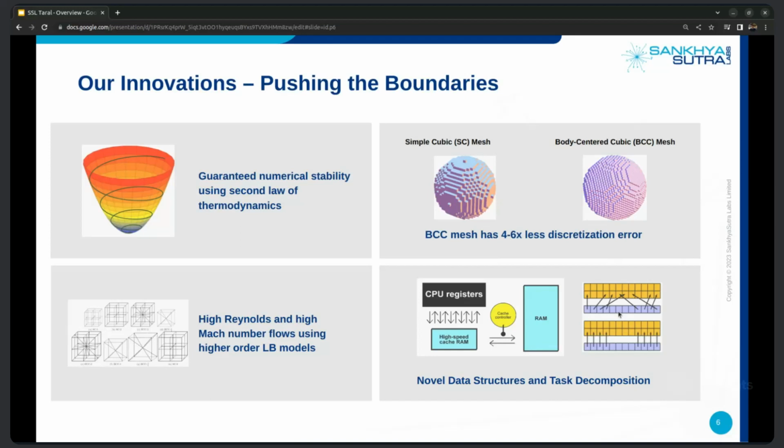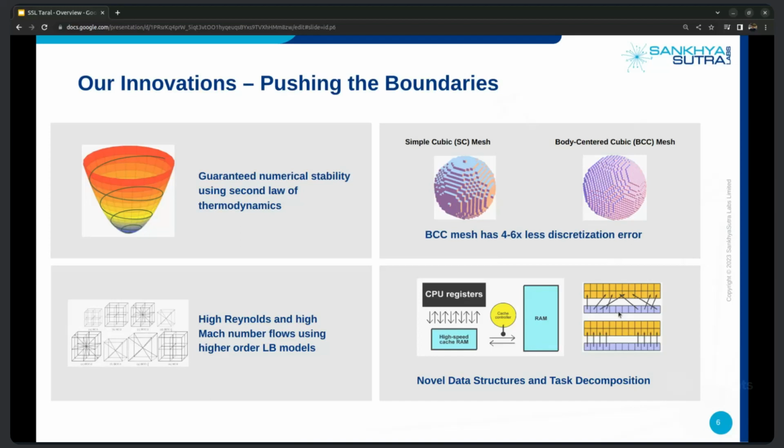The center point of the cube is a half unit length shift in both directions. So with the multi-grid approach, we use only twice the number of points, but the discretization error is reduced by up to 6 times. It varies between 4 to 6 times.